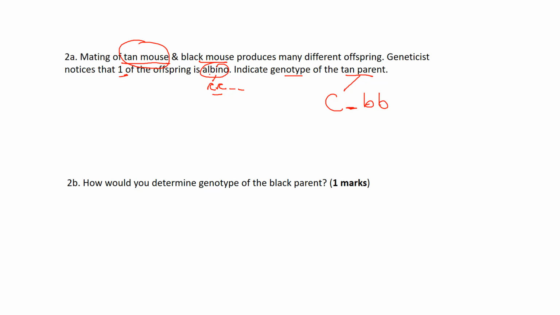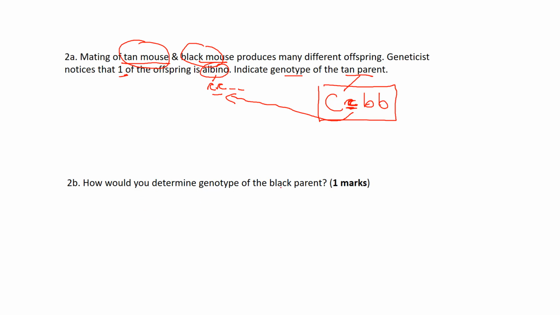Because there was an albino offspring with mating of the tan and the black mouse, we know that this tan mouse must have a little c. Has to, right? Because if you have any albinos in the offspring, both parents must have contributed one of these little c's. So hopefully you get that. That's the answer right there for the tan.